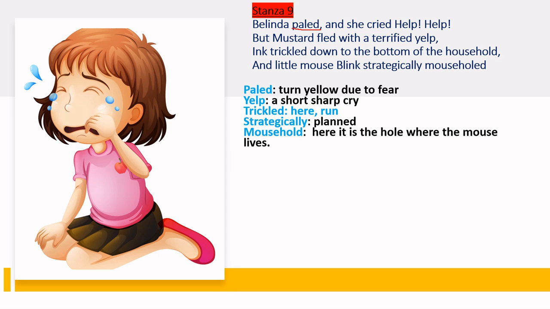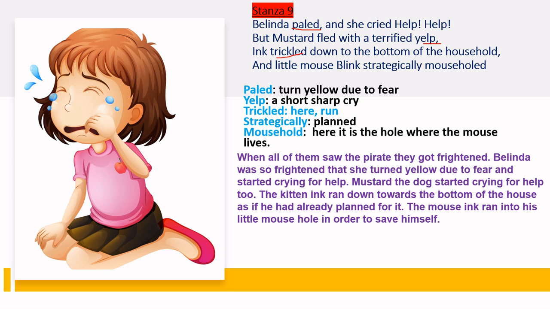Yelp is a short sharp cry. Trickled means ran here and there. Strategically means fully planned. Mousehole is the hole where the mouse lives.